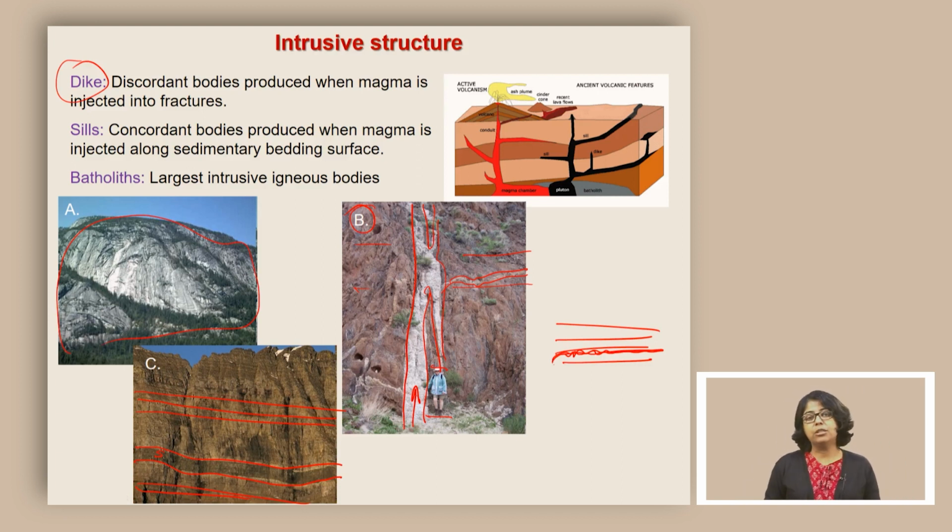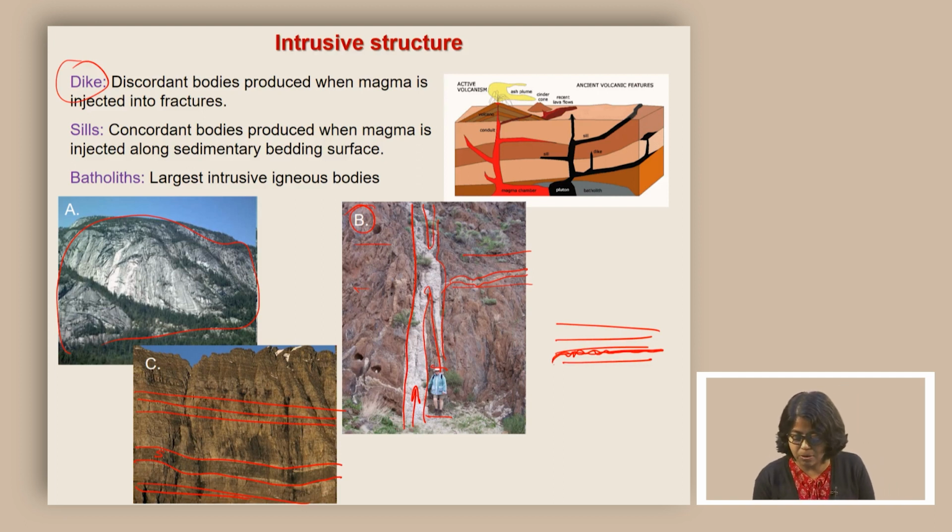You can imagine if a large portion of a magma chamber moves through the pre-existing rock, it is going to create a sort of structureless unit, which is going to be parallel as well as perpendicular to the pre-existing rock, simply because it is really large. These are going to be called batholiths.